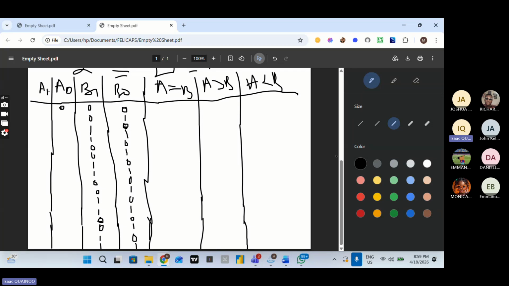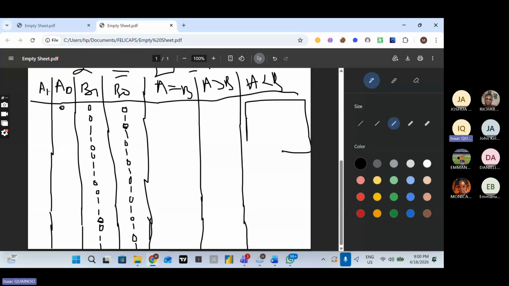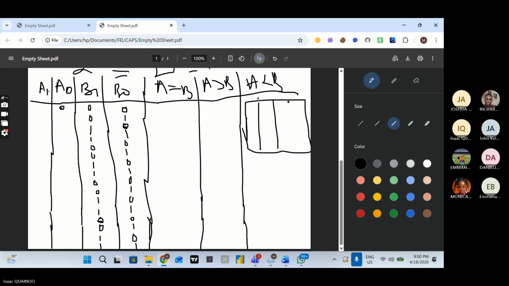let's say you have 16 variables' worth of cells, so you are going to use a 4x4 cell K-map. You have something like this as your K-map. Let's say you have A, B here, and then you have C, D here.